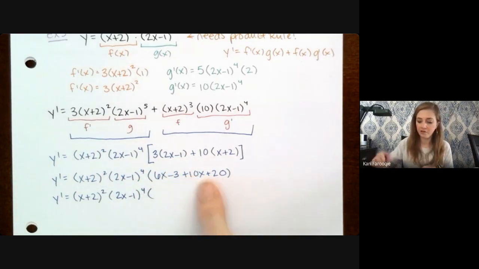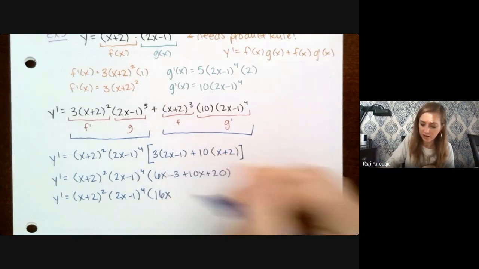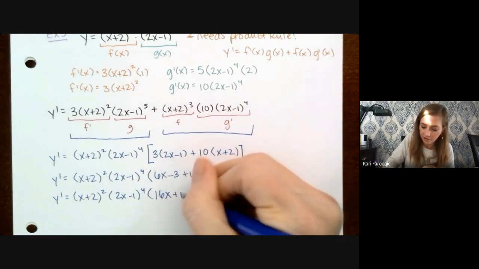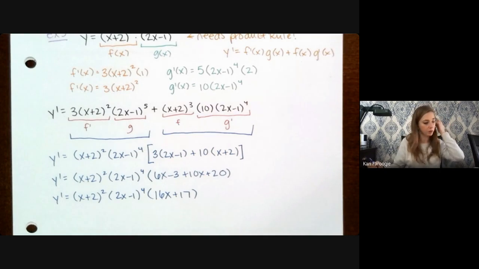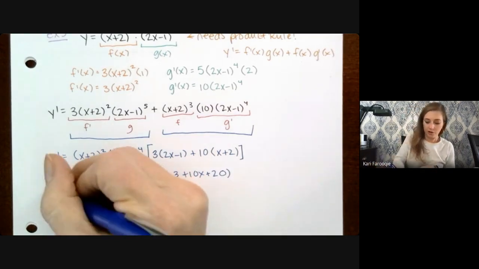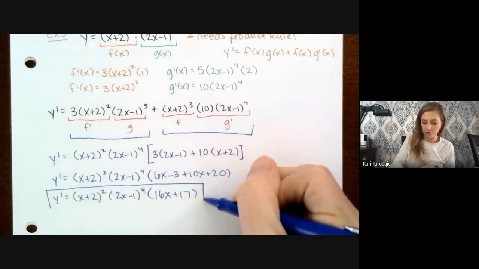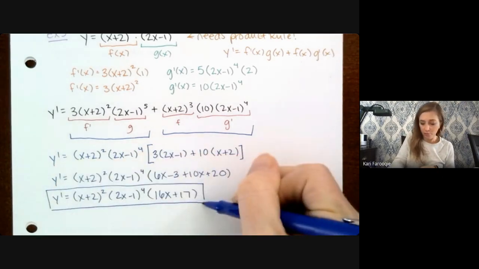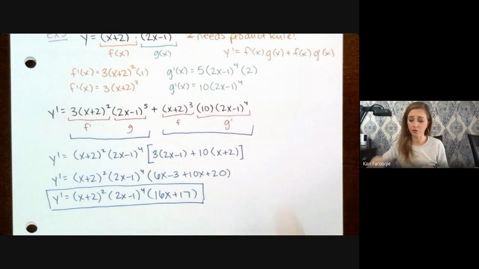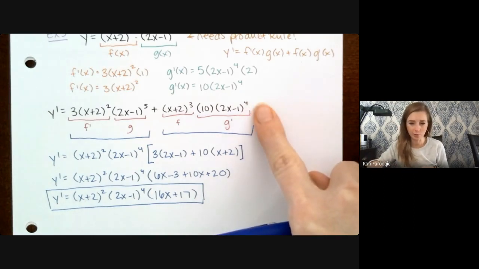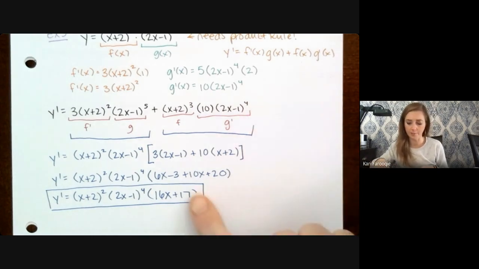So I have 6x plus 10x is 16x, and then negative 3 plus 20 is plus 17. And now I have my derivative. It is lovely and beautiful, and it can't be further simplified. And it looks way better than this. I don't even know if WebAssign will accept this, but this one's really nice. It's just completely factored. Lovely.